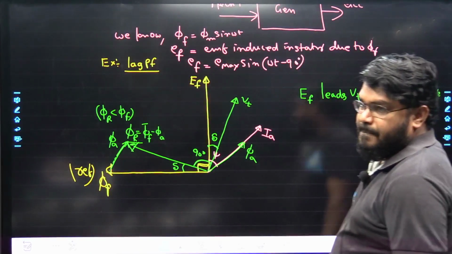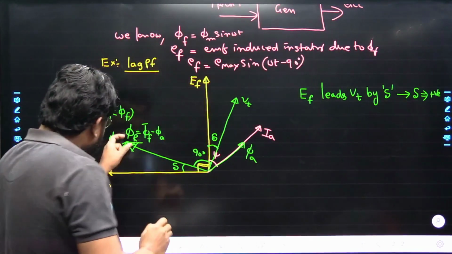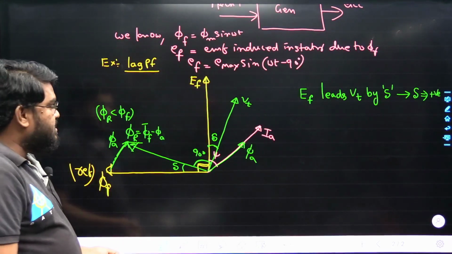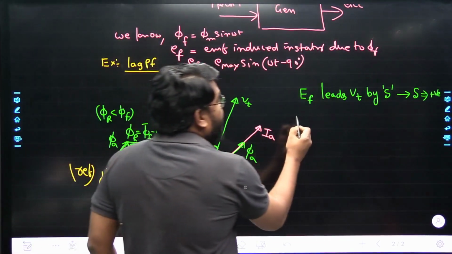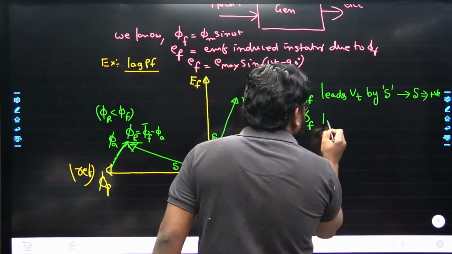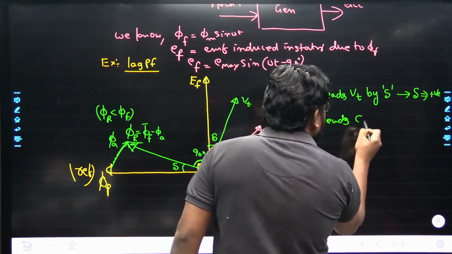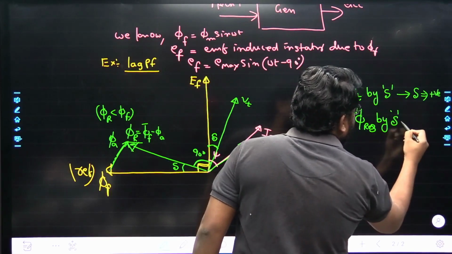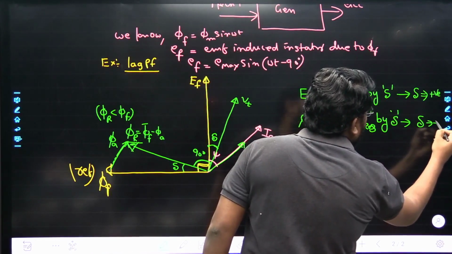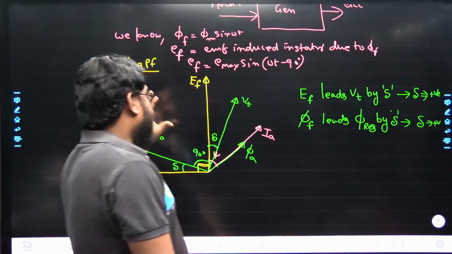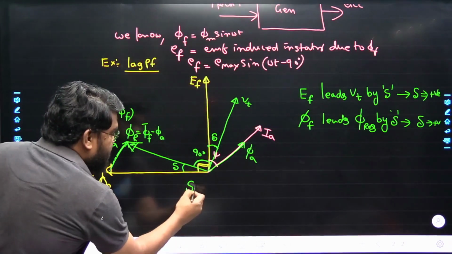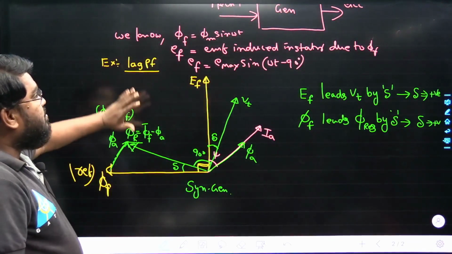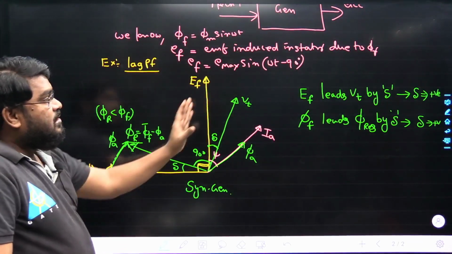Similarly, the field flux phi f leads the resultant flux by delta, which is positive from the generator's point of view. This is the synchronous generator vector diagram. So whenever mechanical input increases, delta is positive.